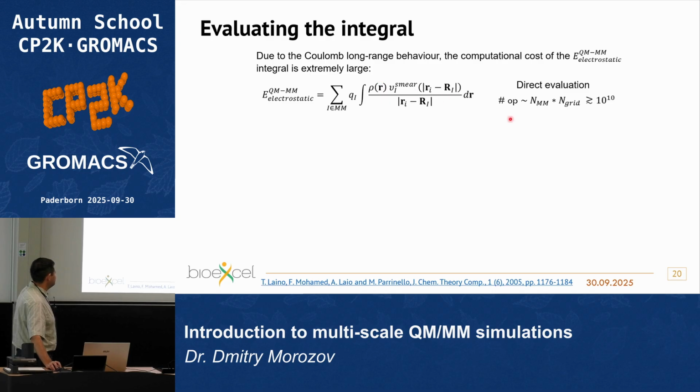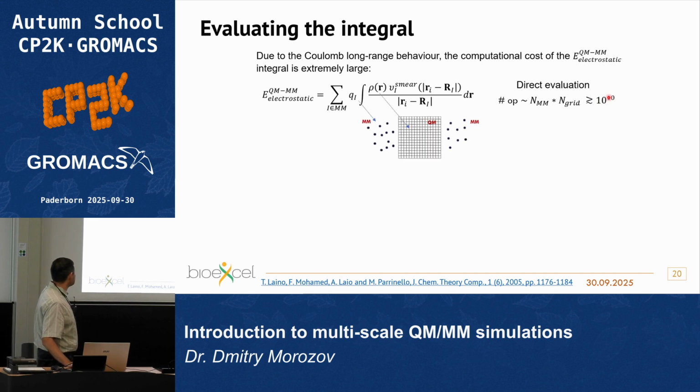The direct evaluation on the grids or multi-grids, which CP2K is using, involves a really huge number of individual points you need to evaluate. Because your grid has a number of points, you have a number of charges, and usually the grid is quite dense, so you have a huge number of operations to do. You need to somehow avoid this.